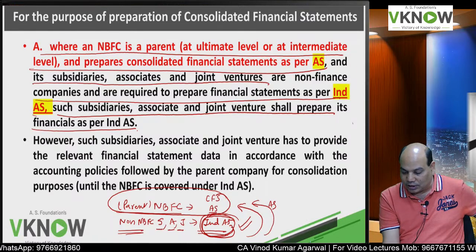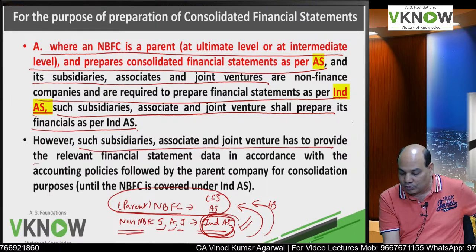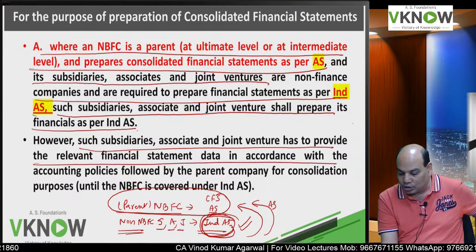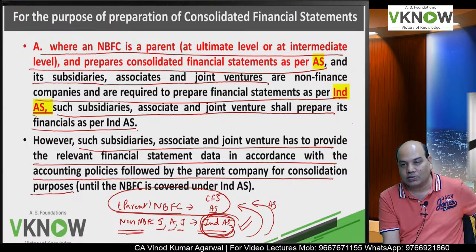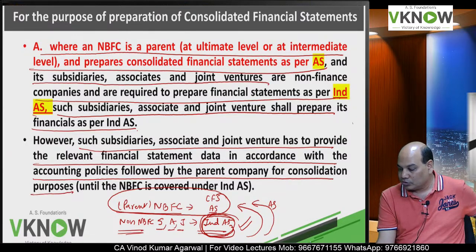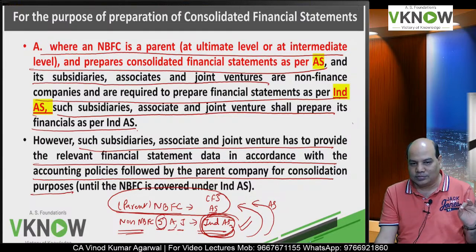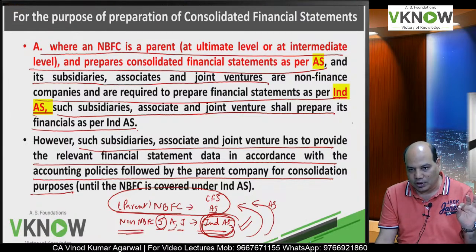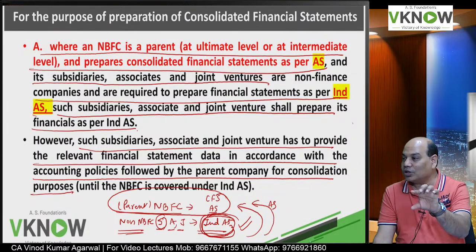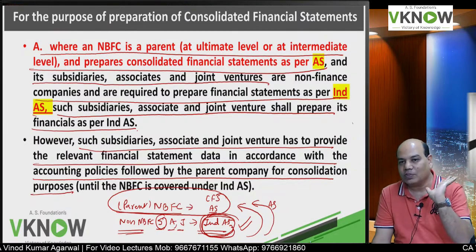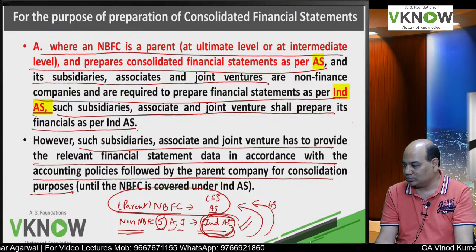So this clarification is that such subsidiary, associate, joint venture has to provide the relevant financial data in accordance with accounting policy followed by the parent company for consolidation purpose. So this subsidiary will prepare two sets of financial statement. One as per Ind AS, because Ind AS is applicable to it, and one as per accounting standard or the accounting policy followed by NBFC parent company, so that NBFC parent company can consolidate.